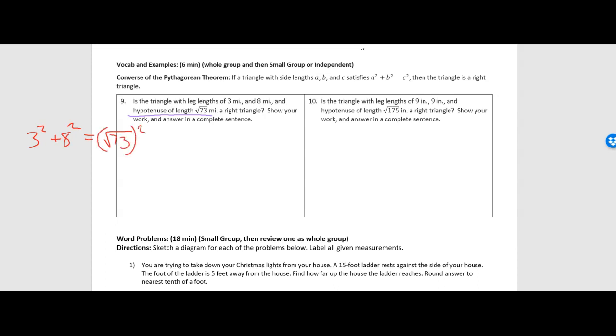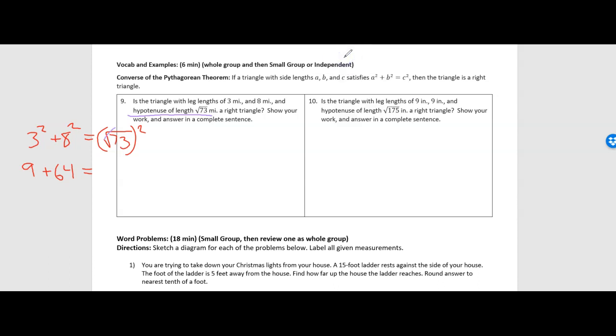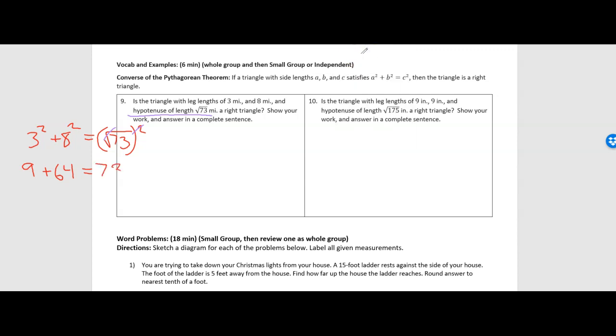And we need to see if this equation is true. So I get 9 plus 64 equals, well, remember, this square and the square root undo each other, so we're left with 73. And I get 73 is equal to 73. So yes, this is a right triangle.